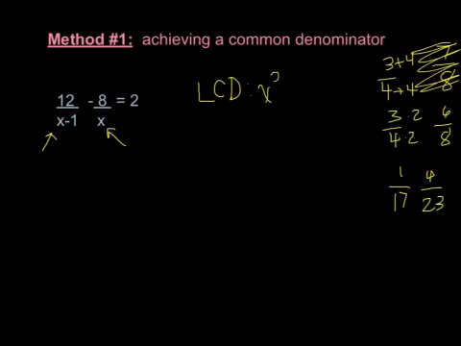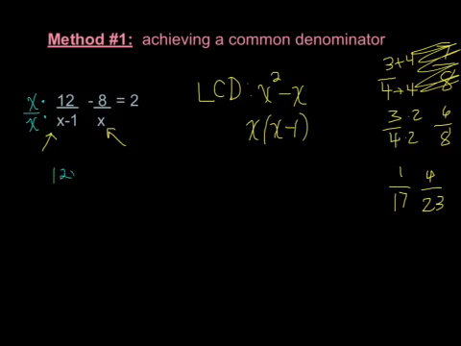So our common denominator will be x squared minus x. That was achieved by multiplying x times x minus 1. And when you write it that way, it's a little bit obvious that that's what you're going to do as you manipulate these two fractions. I will multiply this fraction, numerator and denominator, by x. In other words, I've multiplied it by 1.